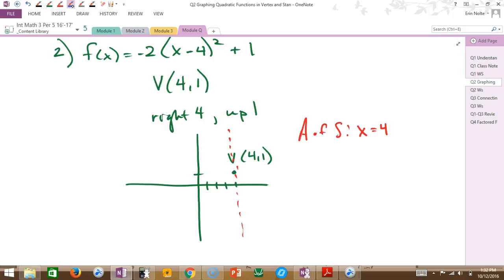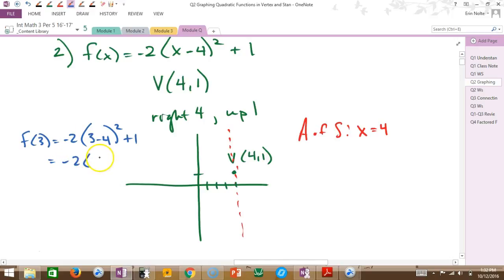Let's plug in 3. I'm going to do this off to the side. So I have -2, and I'm plugging 3 into the x. I have to deal with my quantity first. So 3 minus 4 is -1, and -1 squared.